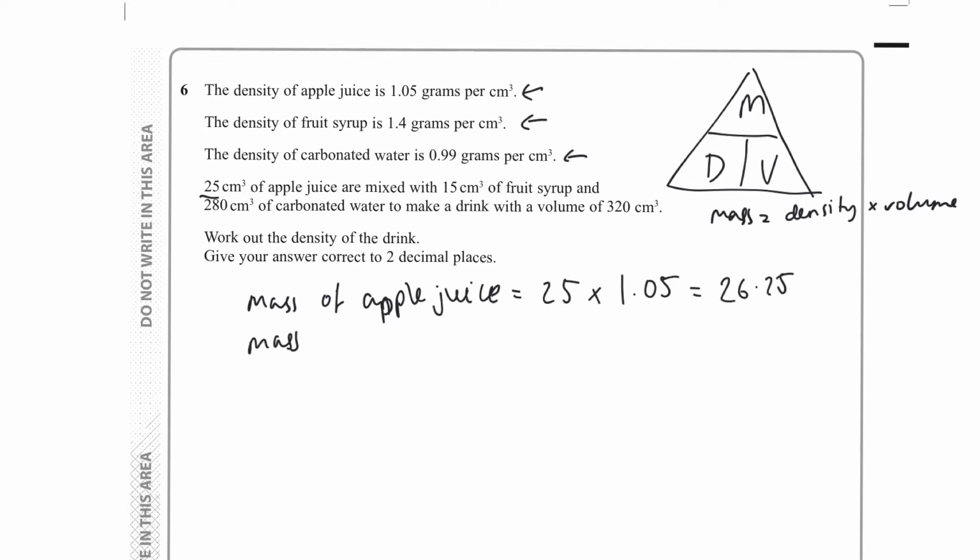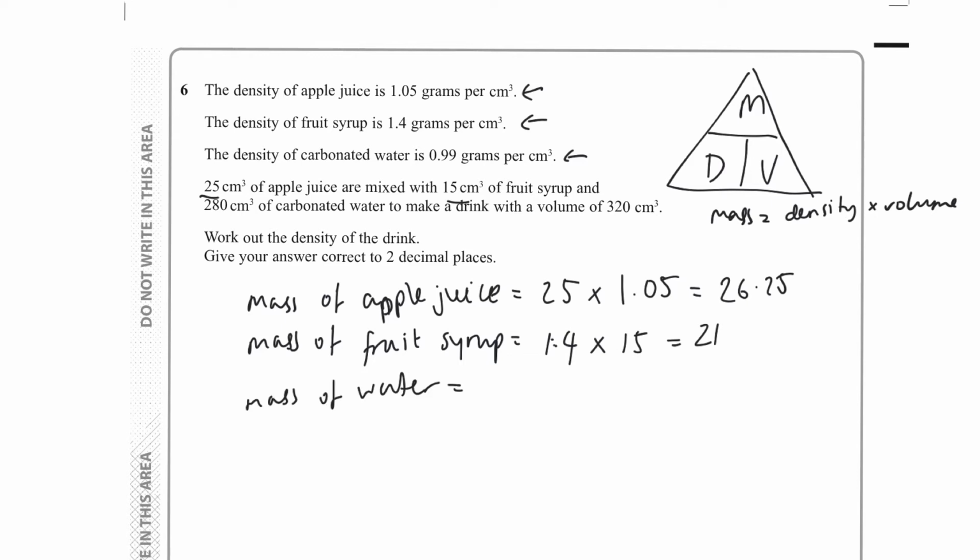Then the mass of fruit syrup would be the density, which is 1.4, times the volume that we added of fruit syrup, which is 15. So that would be equal to 21. And then the mass of water would be 0.99, because that's the density, times the volume of water added, which was not 320, it was 280.